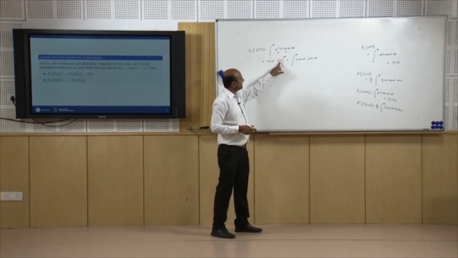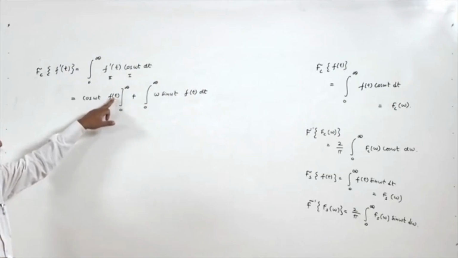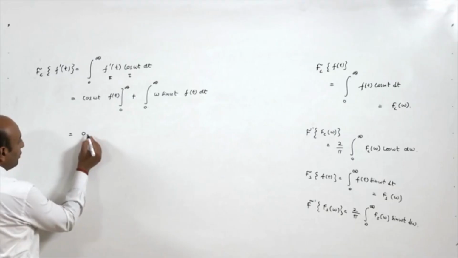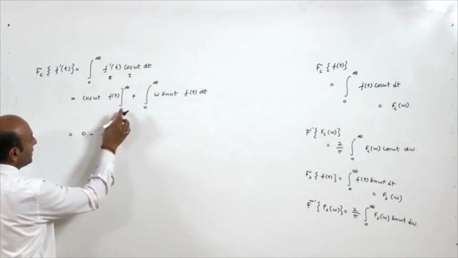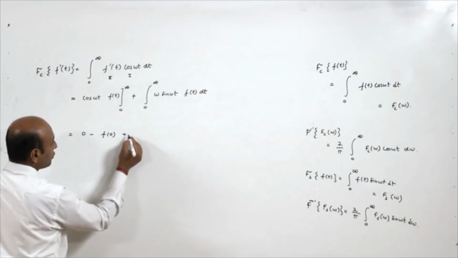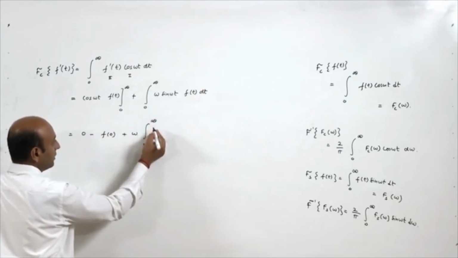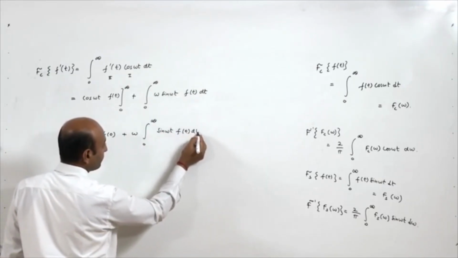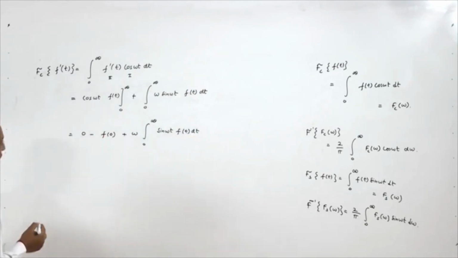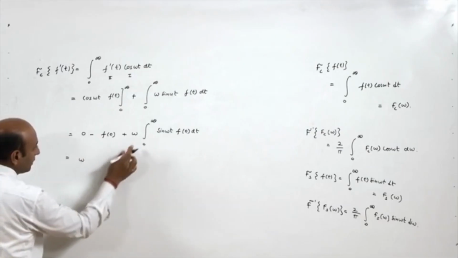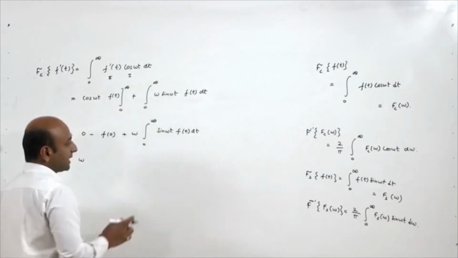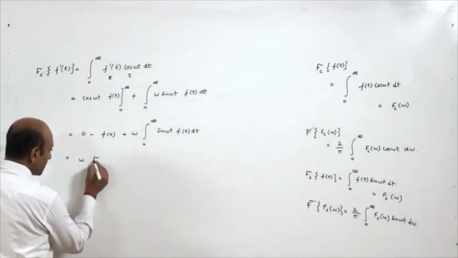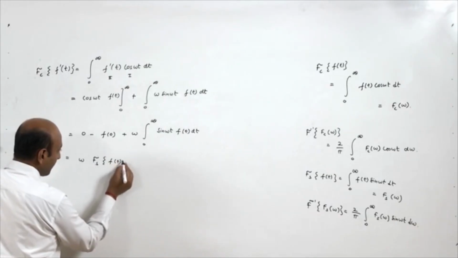So, as t tends to infinity, this will tend to 0, and 0 into some finite quantity is 0. So it is 0 minus f(0), because when t is 0 it is f(0), plus ω times the integral from 0 to infinity of sin(ωt) f(t) dt. Here ω comes out, and the integral is nothing but the Fourier sine transform of f(t). So, this is ω times the Fourier sine transform of f(t) minus f(0).